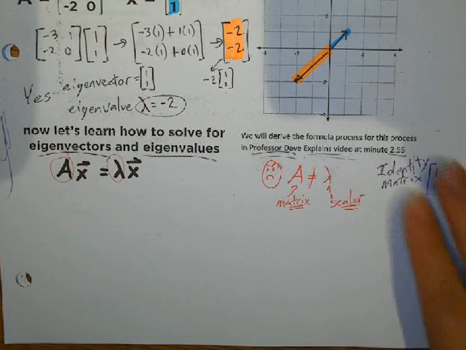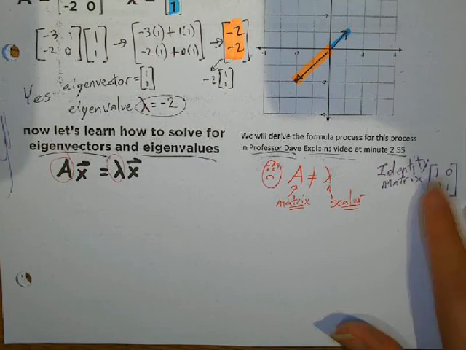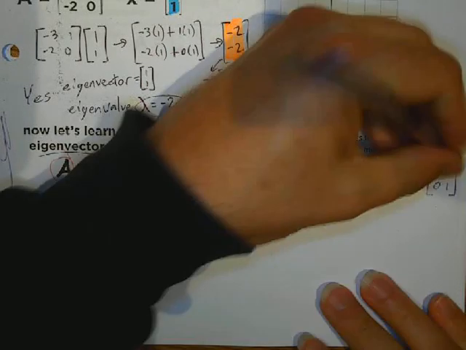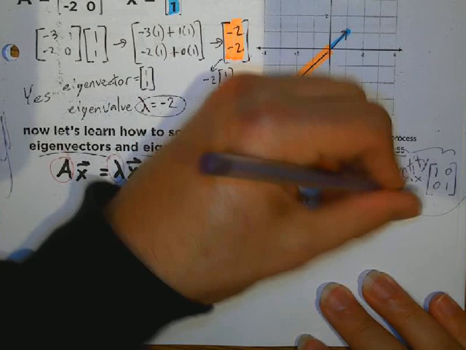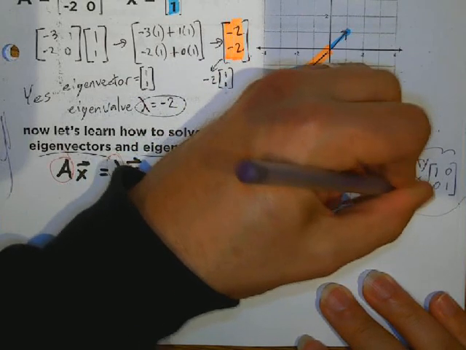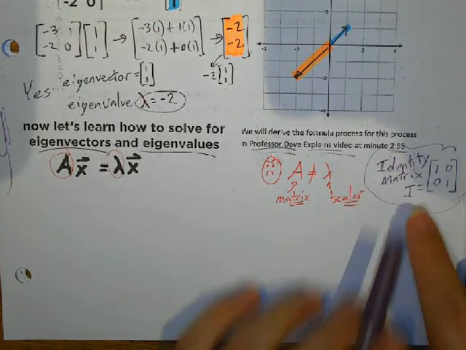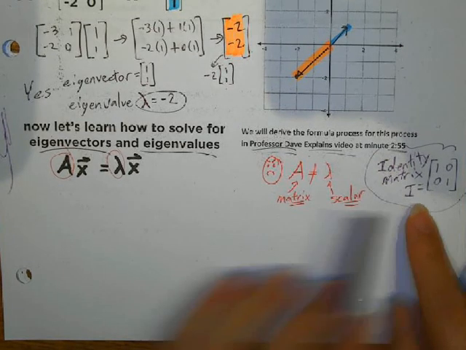If I multiply by the identity matrix, we end up with the matrix we originally started with. And we use the capital letter I for representing the identity matrix. So we're going to be using this identity matrix to our advantage.